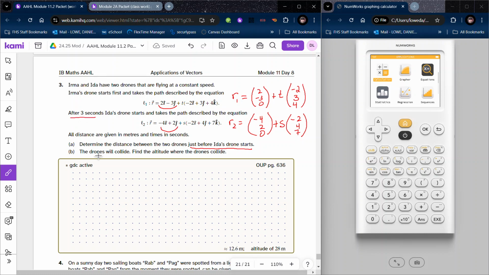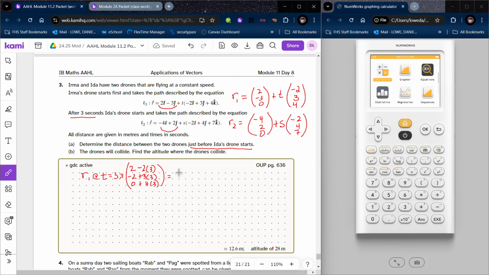So after 3 seconds, Ida's drone starts. We need to figure out R1's position at t equals 3. R1's position at t equals 3 is going to be 2 minus 2 times 3, -3 plus 3 times 3, and 0 plus 4 times 3.